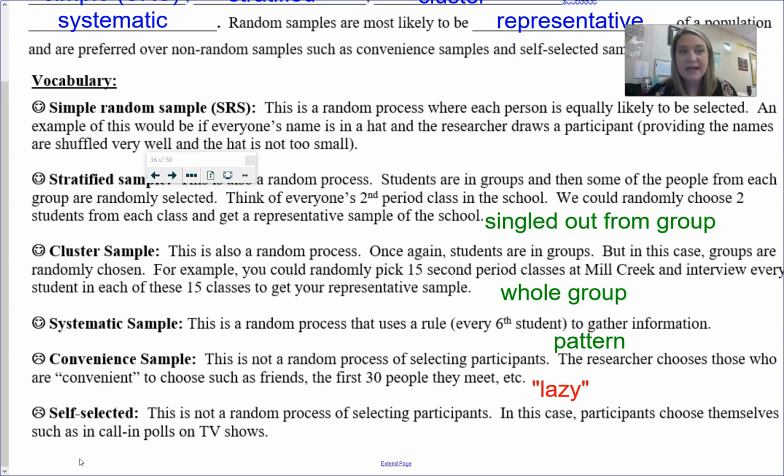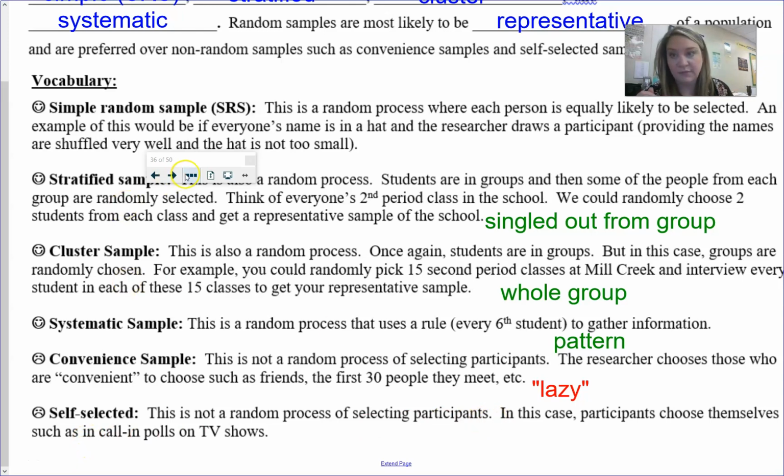Every time you have to call or text to vote for people, these are all self-selected. That's technically not a good way to collect data. Obviously, people who care extremely one way or the other are going to be the ones who call in and vote. But it's not a random sample because people are choosing to do so.